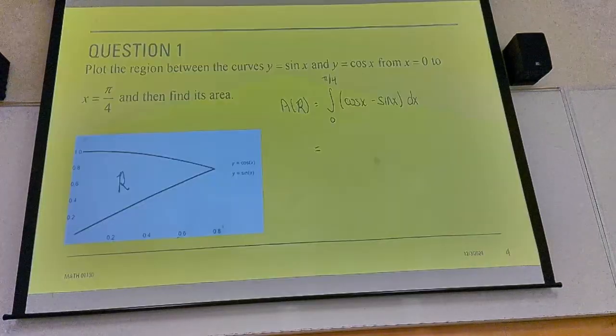Fundamental theorem of calculus. First, we find the simple antiderivative. What's the simple antiderivative here? Negative sine minus both.